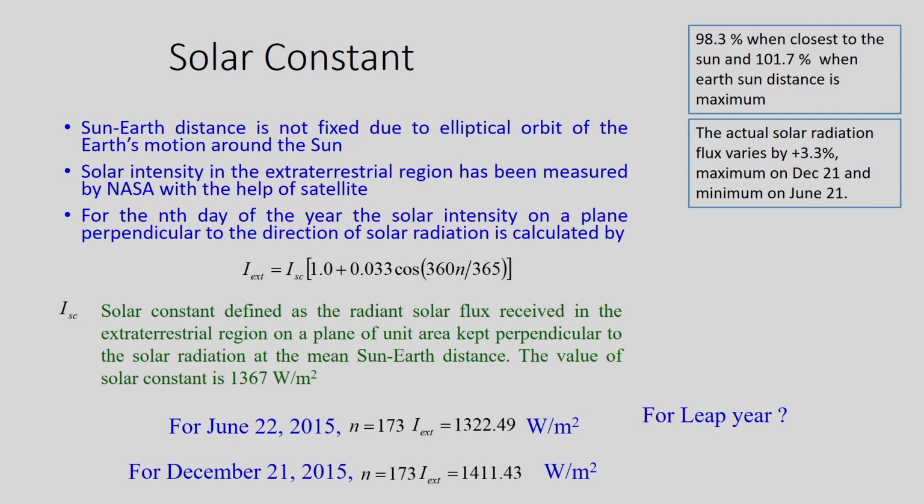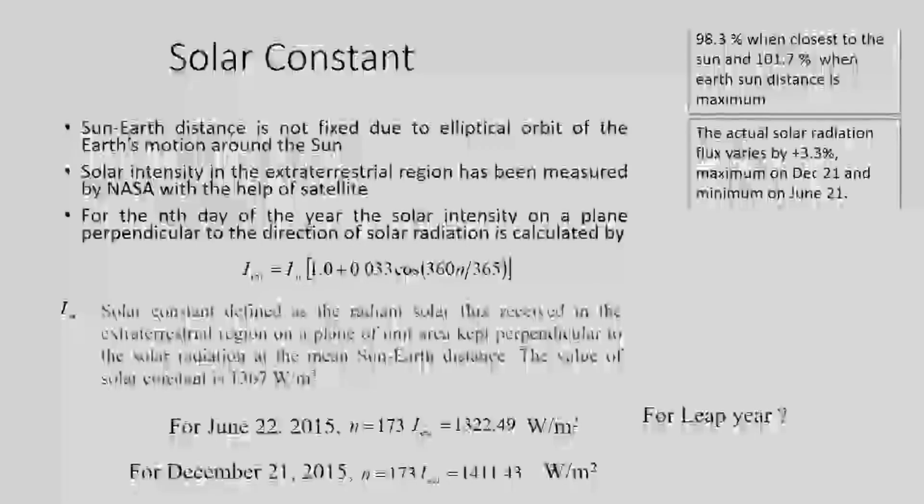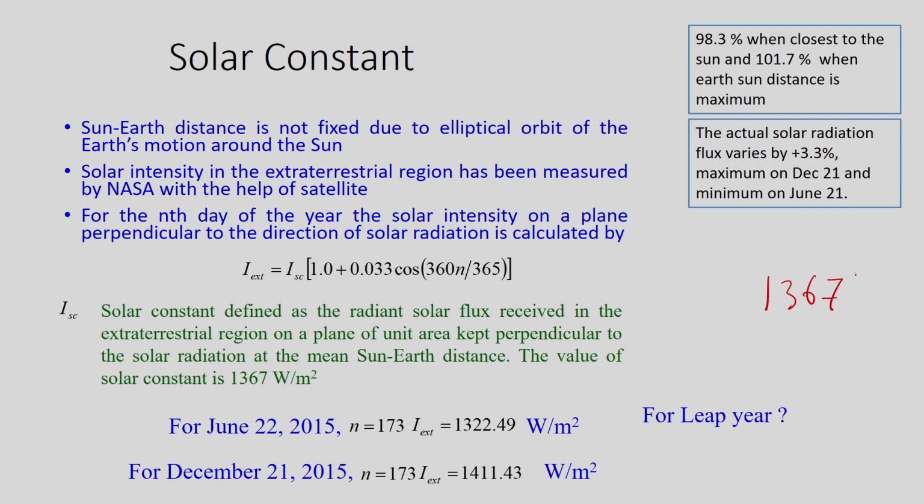The solar constant is defined as the radiant flux received in the extraterrestrial region on a plane of unit area kept perpendicular to the solar radiation at the mean sun-earth distance. This value is about 1367 watt per meter square.